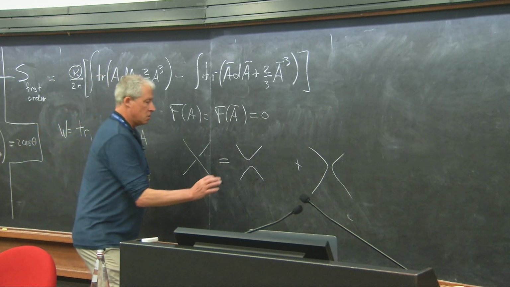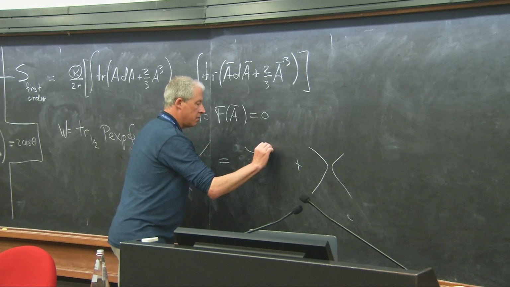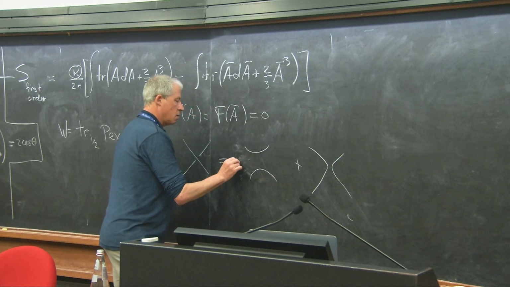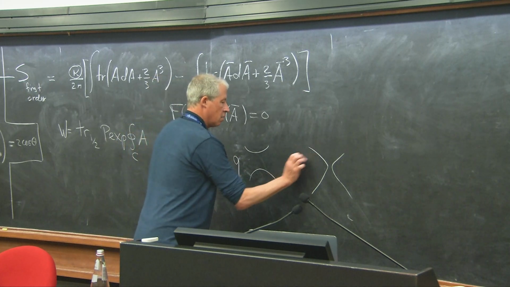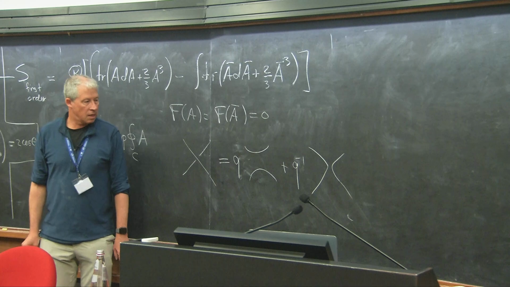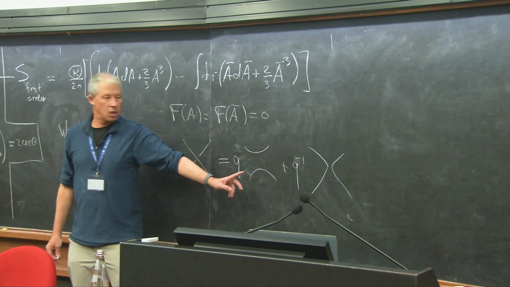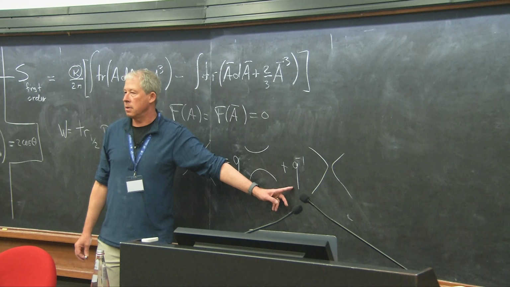But it turns out that in the Chern-Simons theory, with finite level, there's going to be a factor here. That I have to put a Q in front of this term and a Q inverse in front of that term.